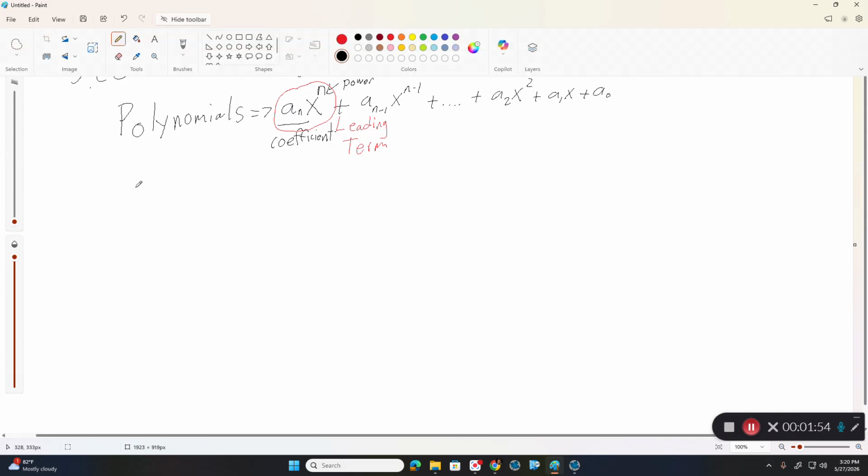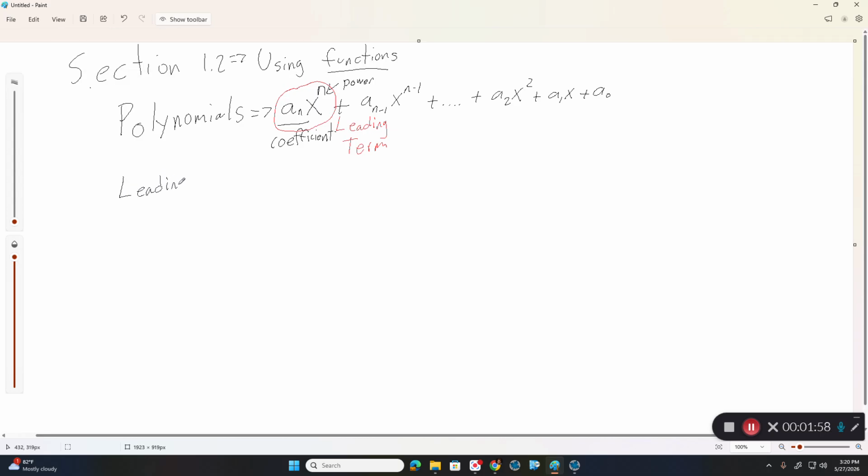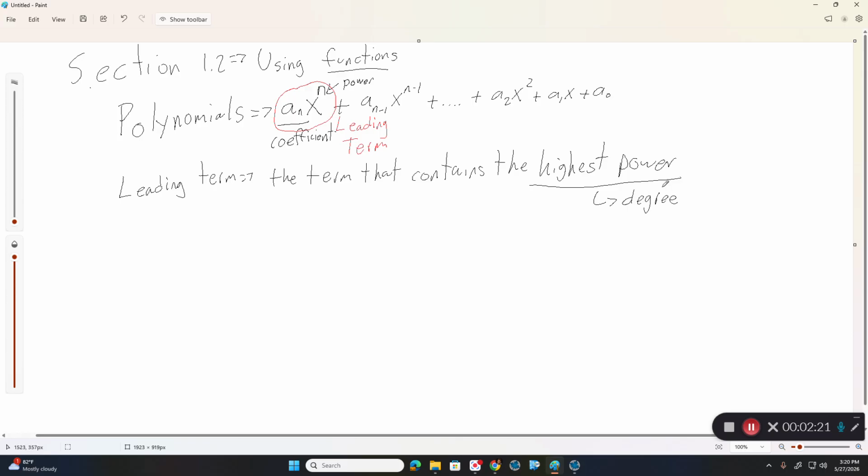Okay, so what we call the leading term is the term that contains the highest power. And that highest power we usually refer to as a degree, or the degree of the polynomial.